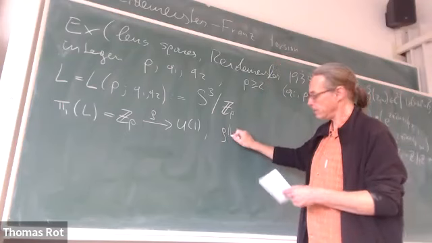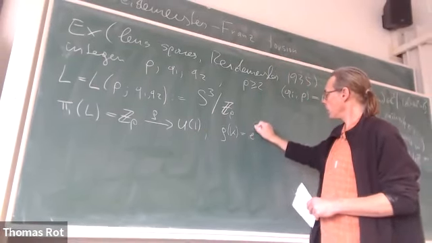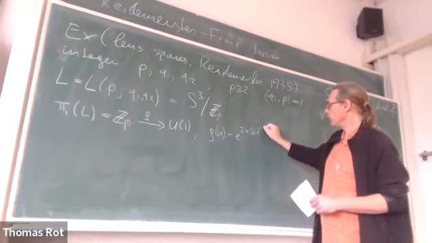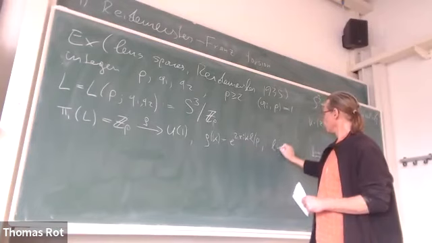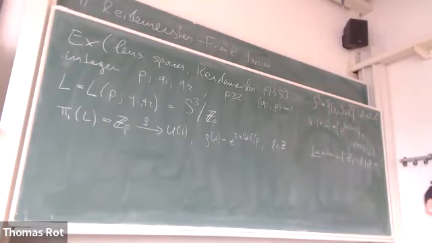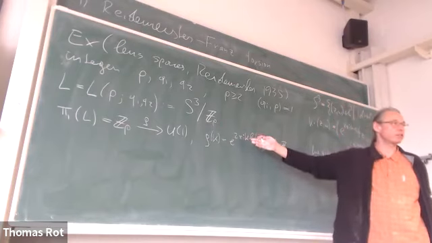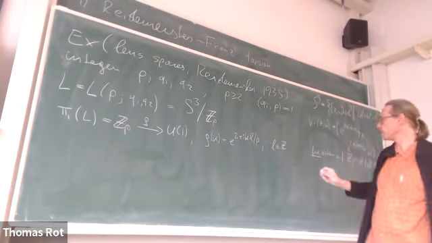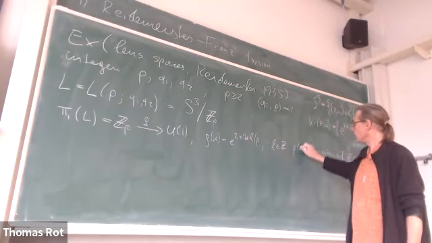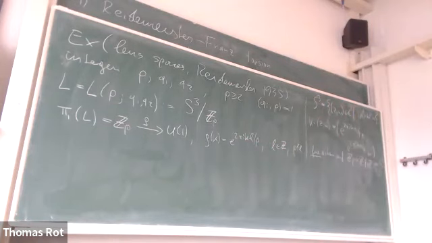We let k act by e to the power 2 pi i l k, some integer l. If l is a multiple of P, this is the trivial representation. We don't want that because we want it to be acyclic. So we assume that P does not divide l.